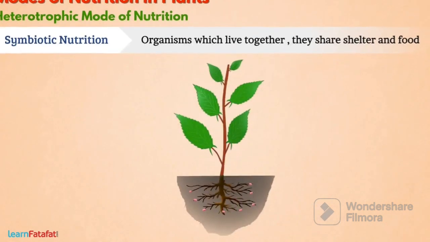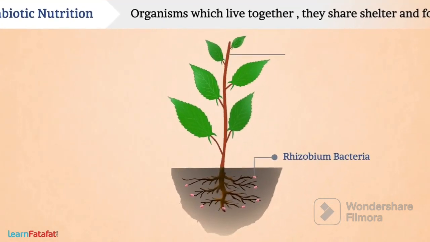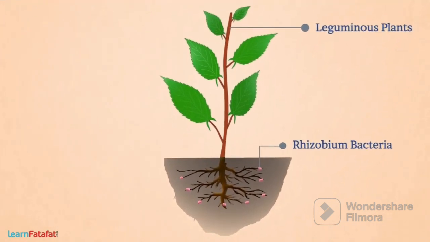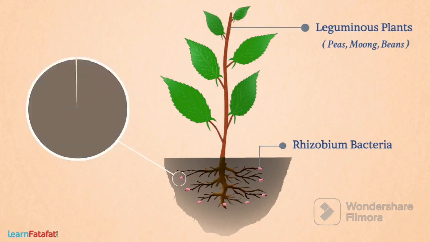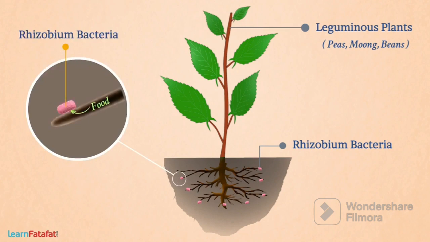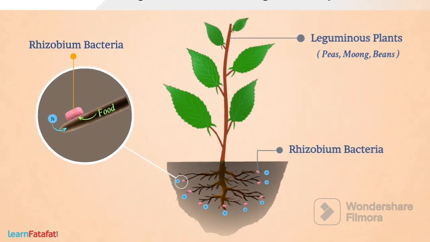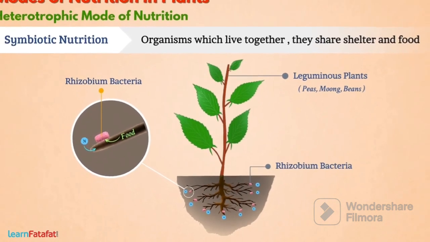For example, Rhizobium bacteria and leguminous plants such as peas, moong, beans, etc. The leguminous plant lets the bacteria live in its roots and also provides food to it. On the other hand, the Rhizobium bacteria convert nitrogen present in the soil into a form usable by the plant. In this way, both are benefiting from each other.